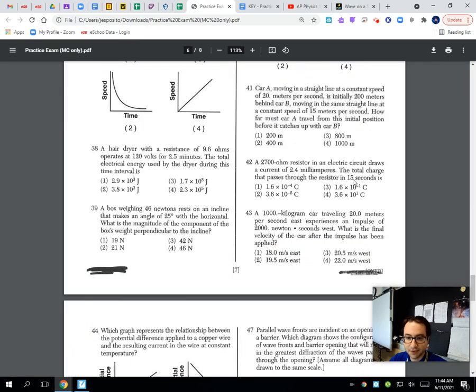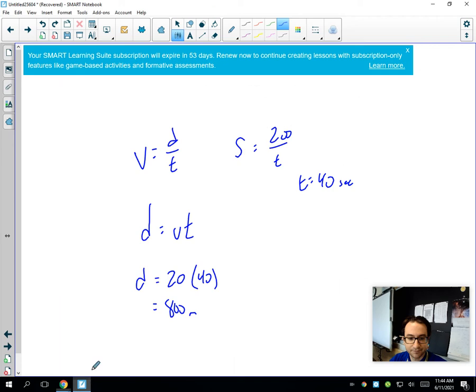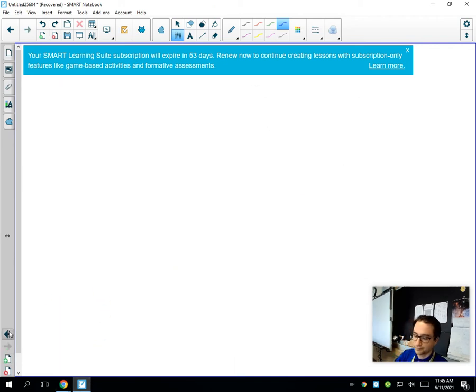2.4 milliamps, 15 seconds of time. T and I. Now milliamps is no good. I'll replace the milli with 10 raised to the negative 3.